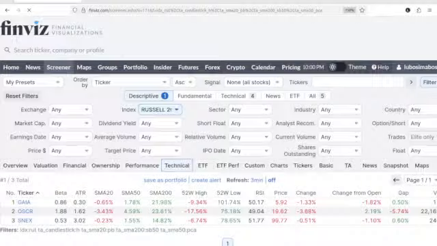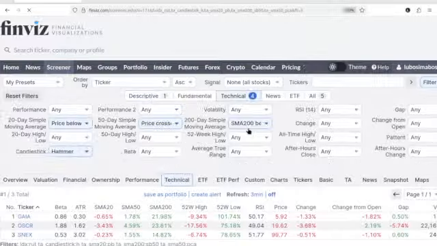So here we have the Russell 2000. And the good thing about the Russell 2000 is the prices are a little bit affordable, right? So if you intend to buy using the dollar cost averaging strategy, meaning you do not use margin, the Russell 2000 is awesome.